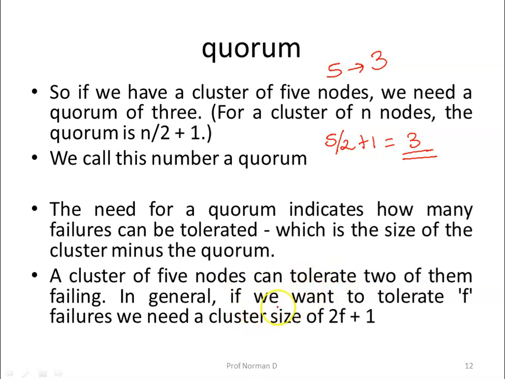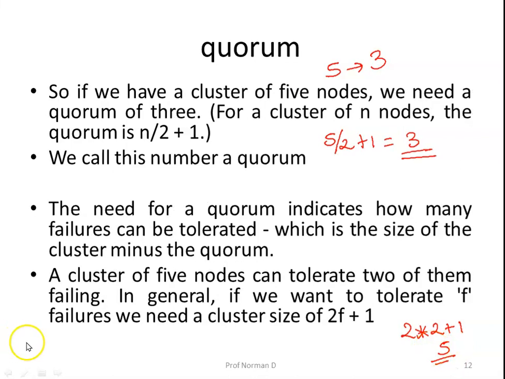In general, if we want to tolerate f failures, we need a cluster size of 2f plus 1. So if we can tolerate 2 failures, then 2 into 2 plus 1 gives us 5. So the cluster size is 5.